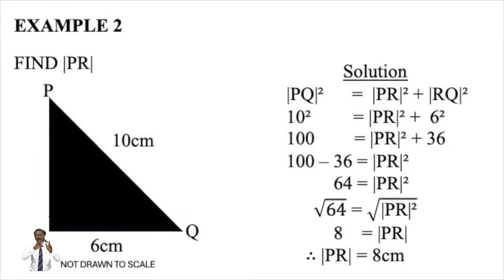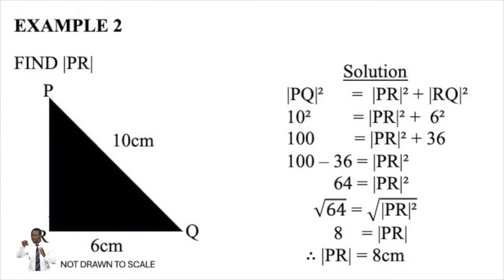Stating the Pythagorean theorem from this right-angled triangle, we are going to have PQ squared is equal to PR squared plus RQ squared. As we can see, PQ is known and is 10 centimeters.